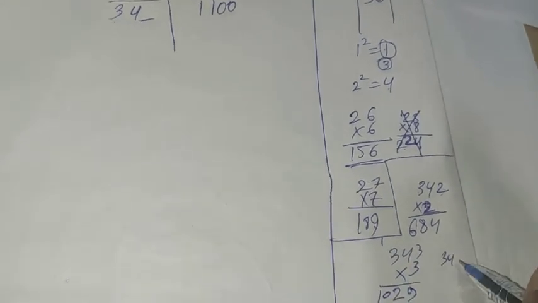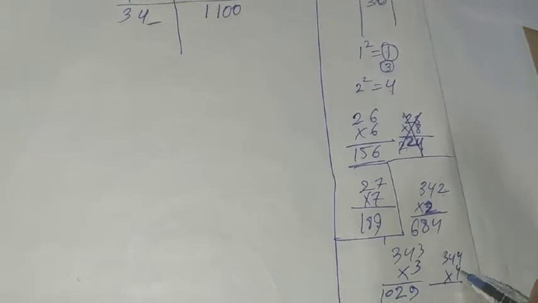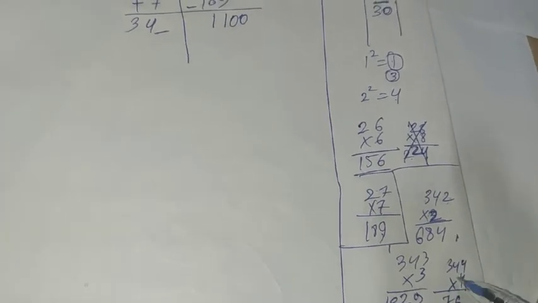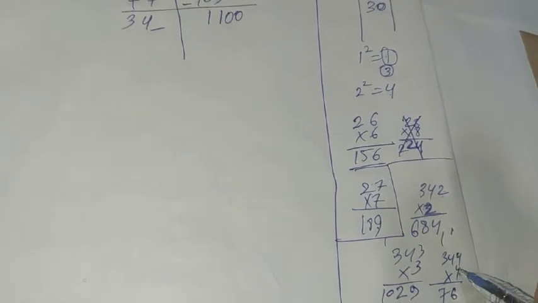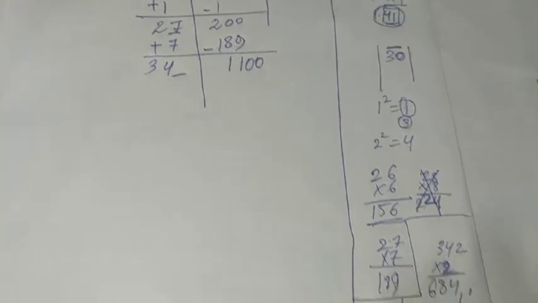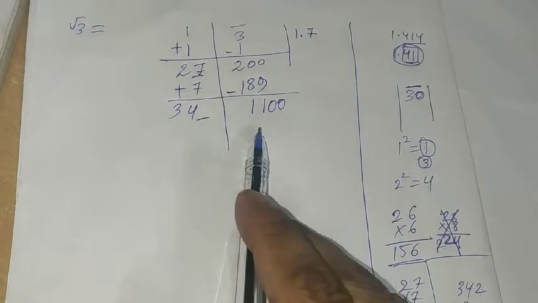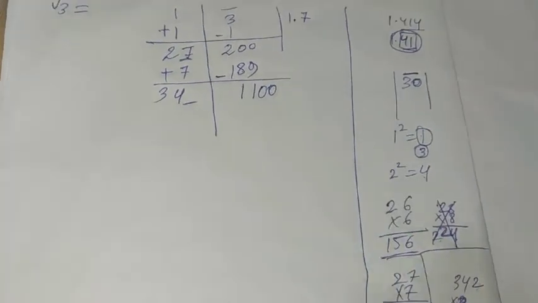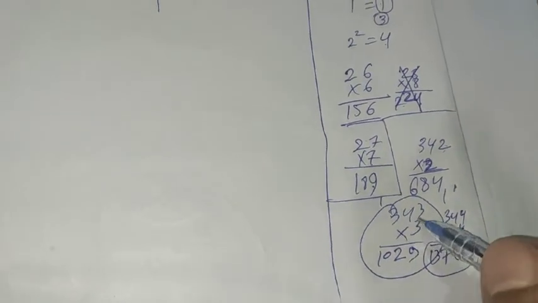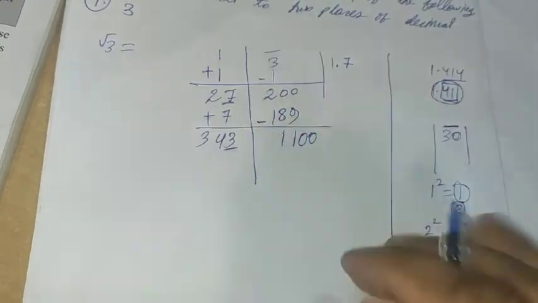Let us find 344: 4 fours are 16, 1 in hand, 4 fours are 16, 17, 1 in hand, 4 threes are 12, 13. So as you can see, 1376 is greater than 1101. So we will take 3 only.